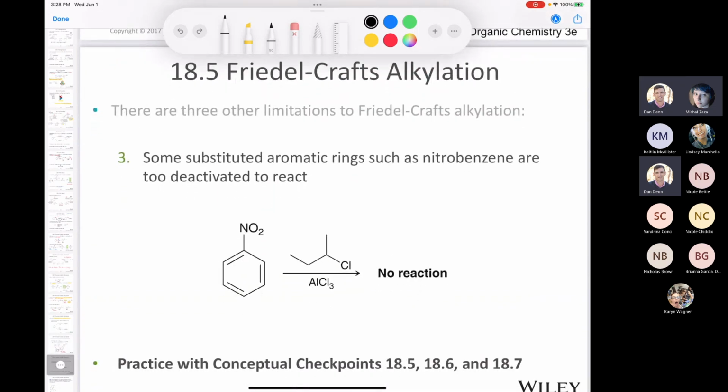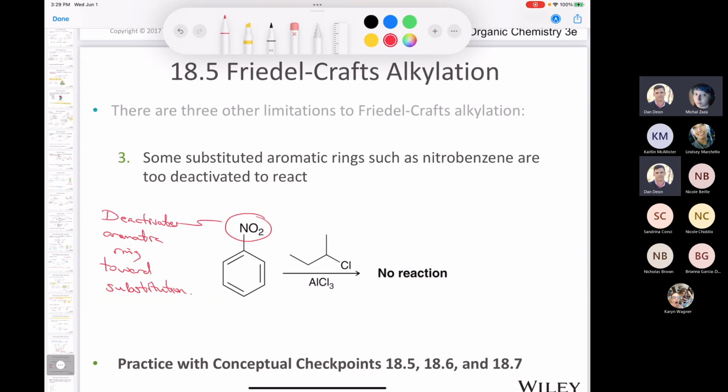The last one is if you have a nitrobenzene, so if you have some kind of nitro group on your aromatic ring, Friedel-Crafts just doesn't work. Doesn't work at all. And the reason why is that the nitro group, and I know you all read the chapter before coming to class, so you'd know that a nitro group deactivates the aromatic ring toward substitution.